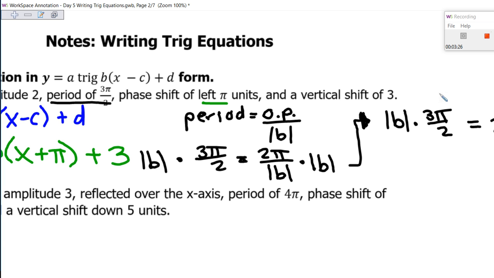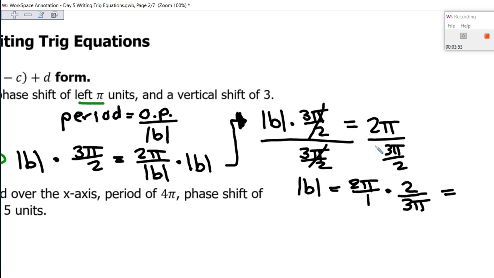Now if b is being multiplied by 3 pi over 2, the opposite would be divide both sides by 3 pi over 2. So that gives me the absolute value of b is, this would be 2 pi over 1, multiplied by the reciprocal, which would be 2 over 3 pi.